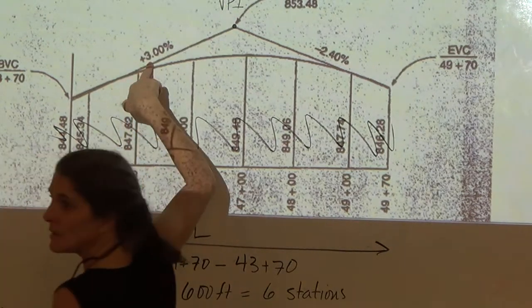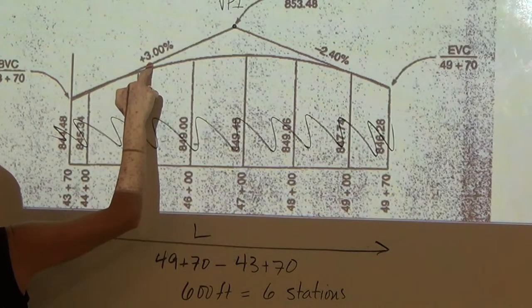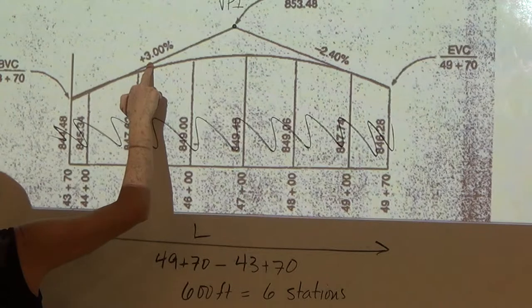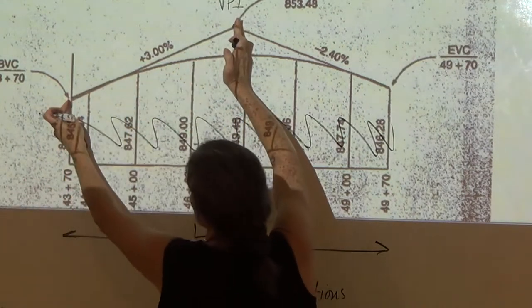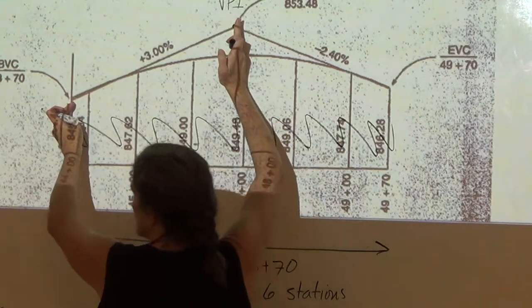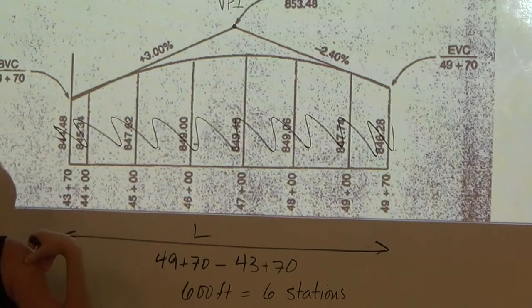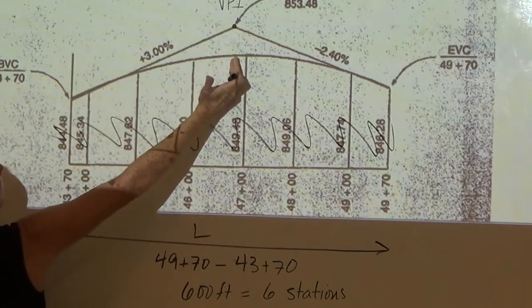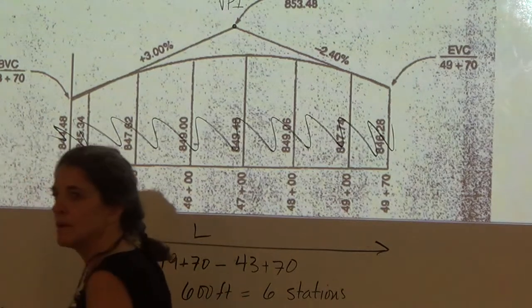So 0.03 is equal to the change in V, which I'm solving for, over the change in H between these two. It's half of 600 for an equal tangent curve, 300 feet. So change in V is equal to 9, is that right?